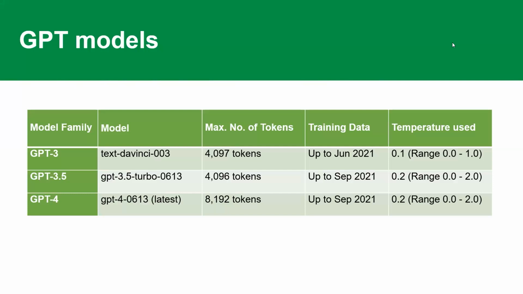And so we decided to investigate if GPT models can do well at detecting drug-drug interaction if we give them the sentence and some instruction on how to handle the drug-drug interaction from the sentence. So the models we have used are GPT-3, GPT-3.5, and GPT-4.